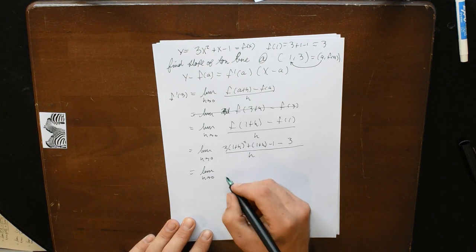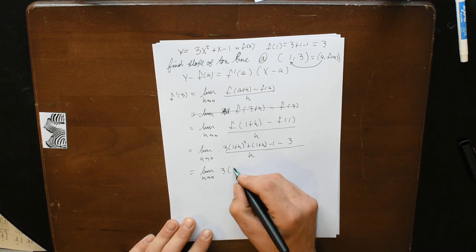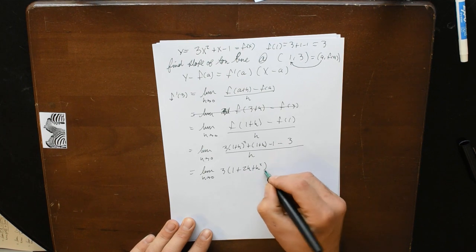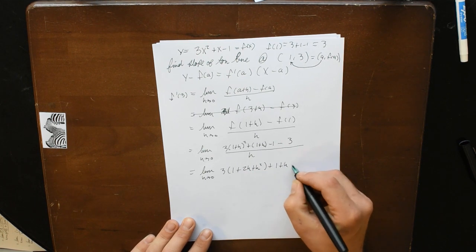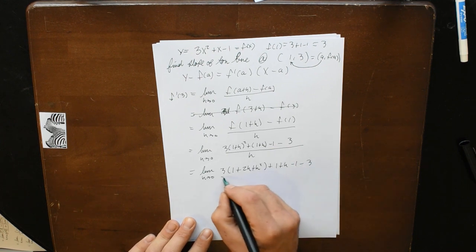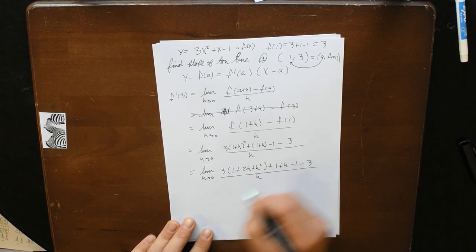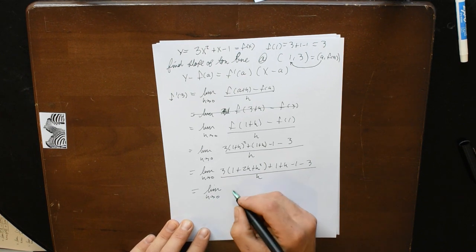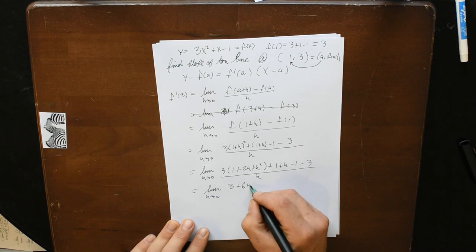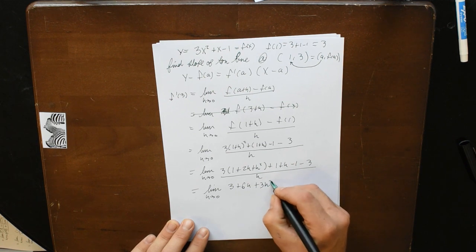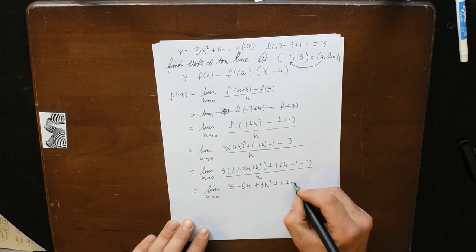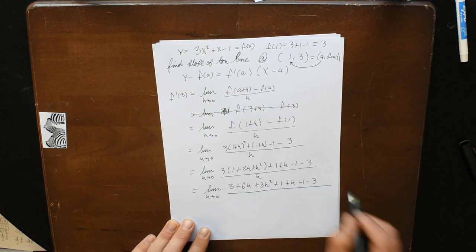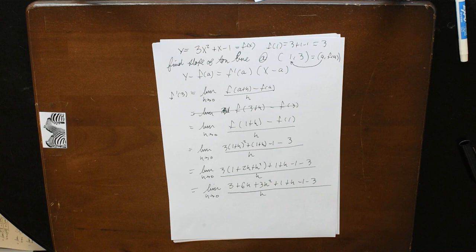If we use the distributive property, that gives us 3 times (1 plus 2h plus h squared), plus 1 plus h, minus 1, minus 3, all over h, which is the limit as h goes to 0 of 3 plus 6h plus 3h squared, plus 1 plus h minus 1 minus 3, all over h.